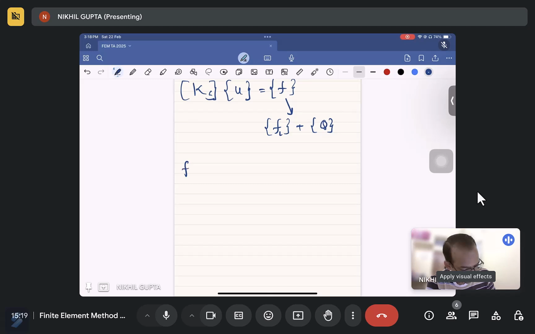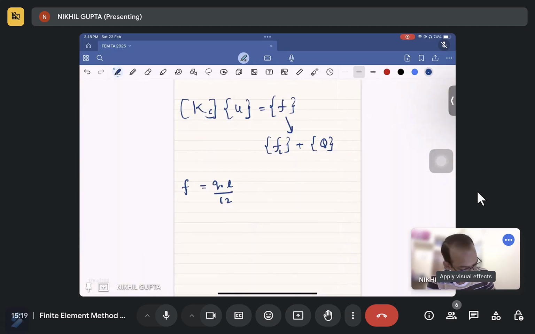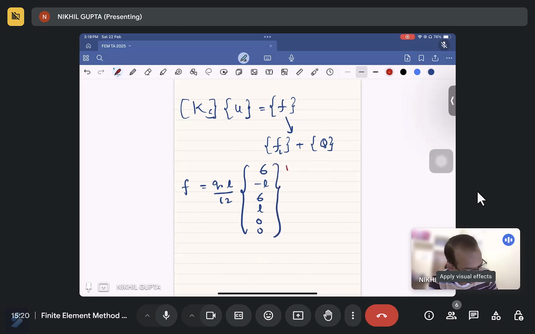So if you find the F global, it is q naught L by 12 and the same thing as 6 minus L, 6L 0 0. Now it is covering the global terms, which is 1, 2, 3, 4, 5, 6. So for the full degrees of freedom we can say this is the global force vector for this beam.